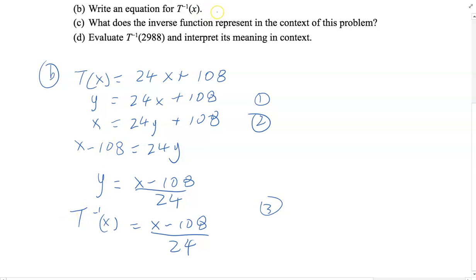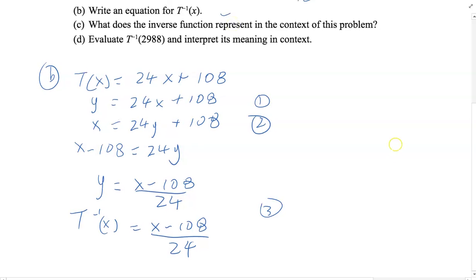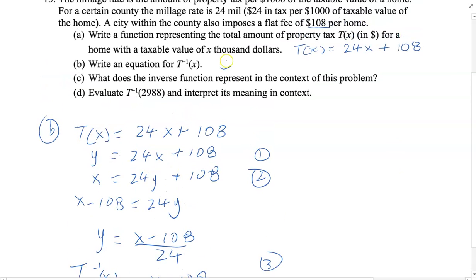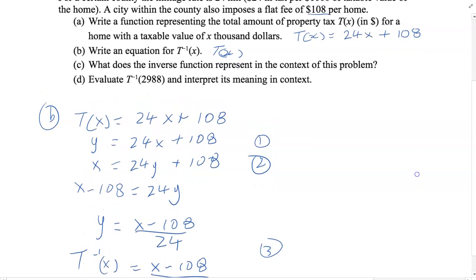So that is your answer for part B. T inverse of x would be x minus 108 over 24.